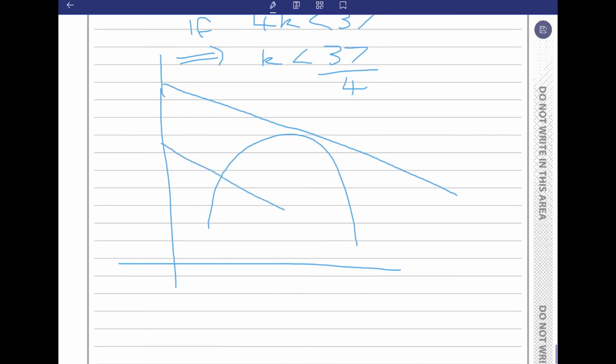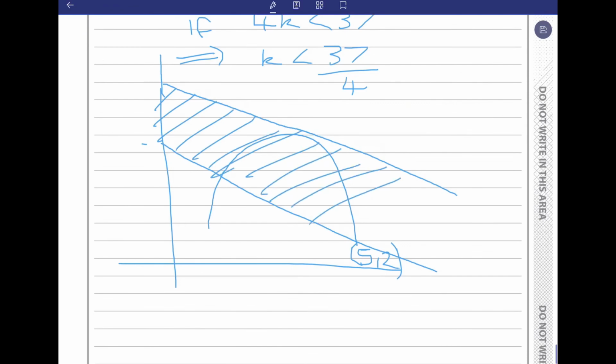Something like that, where this was our 5,2. So this is our possible domain for values of k which intersect the curve twice. So basically any line that lies in here will be fine.